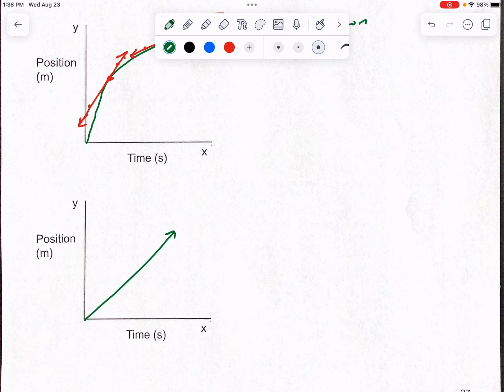If I want to know the velocity at this point right here, you can draw a tangent line if you want to, but it's going to be the exact same thing as the line that's already there. So instantaneous velocity can still be found on a uniform velocity graph. All you have to do is pick 2 points on the line. You don't need to make anything more difficult than it is.